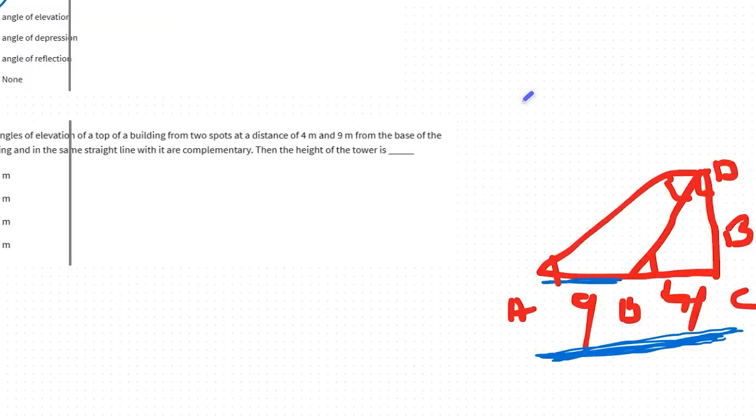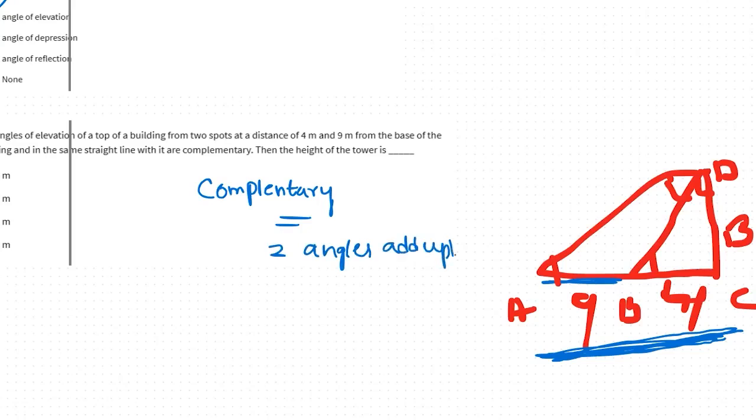Complementary means two angles add up to 90 degrees. Supplementary means two angles add up to 180 degrees. In the alphabet, which comes first, C or S?